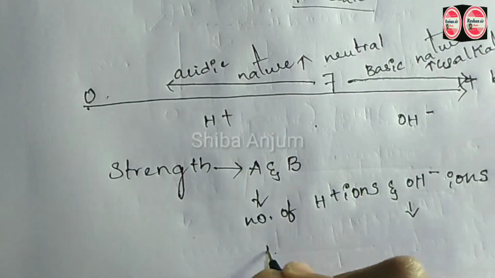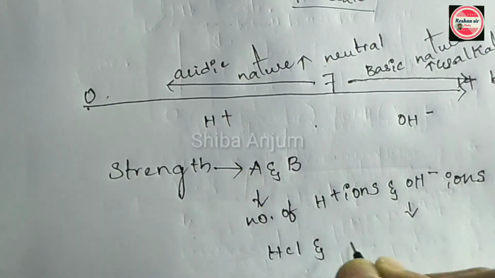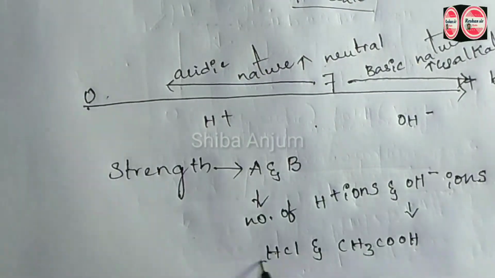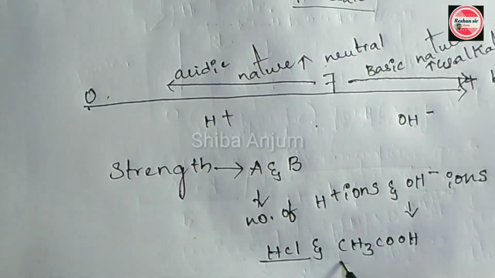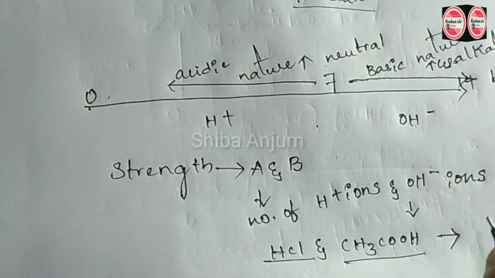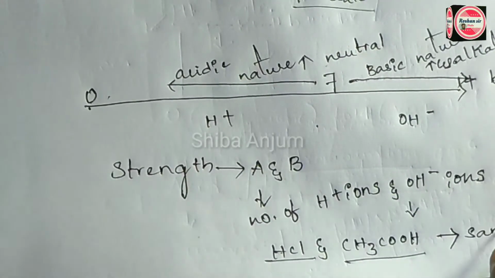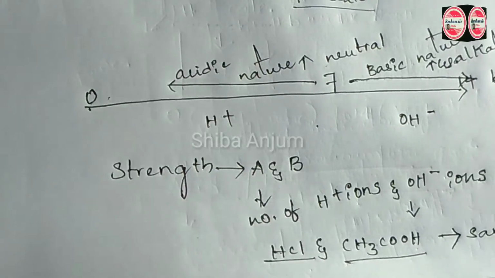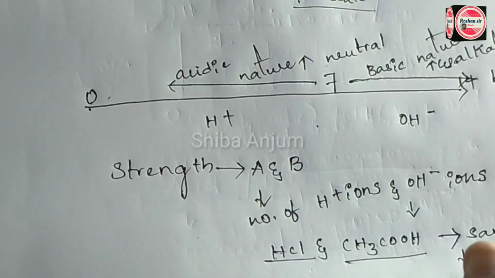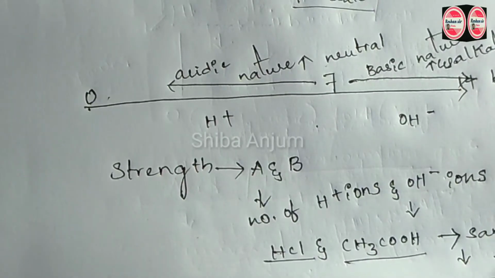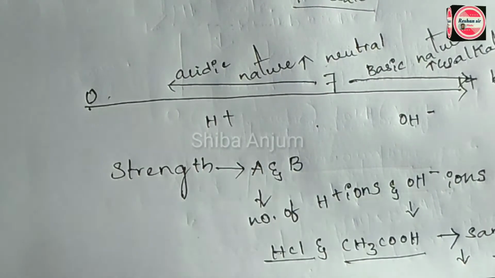If we take HCl and CH3COOH, that is hydrochloric acid and acetic acid, if they are both in the same concentration, then they produce different amounts of hydrogen ions.